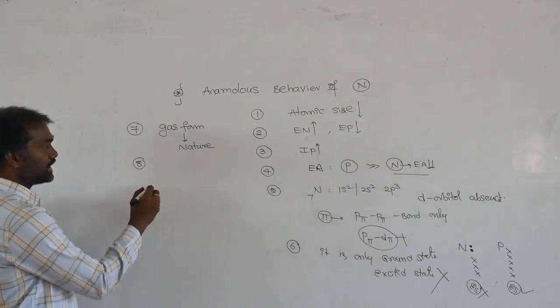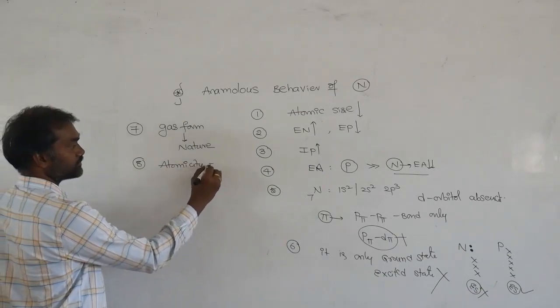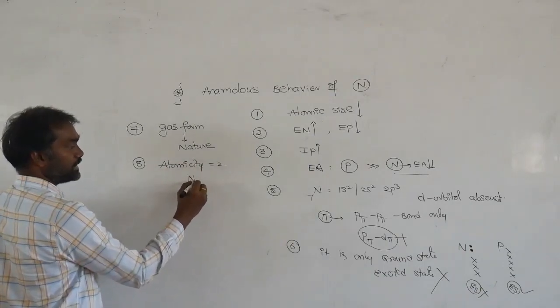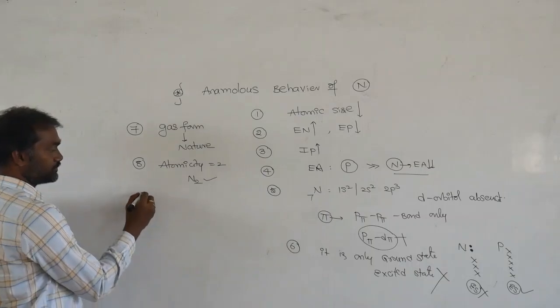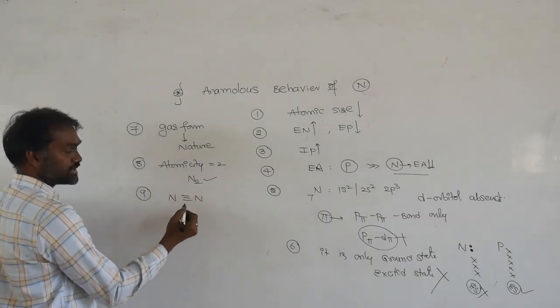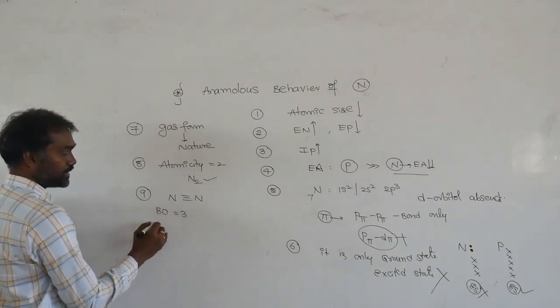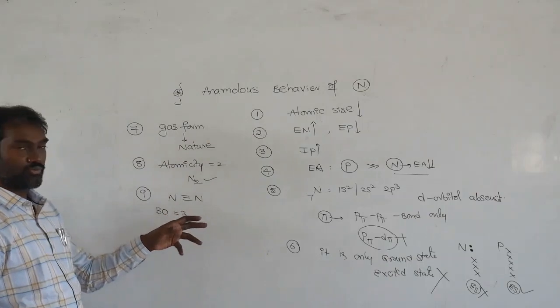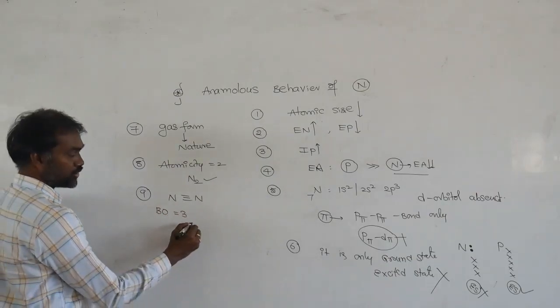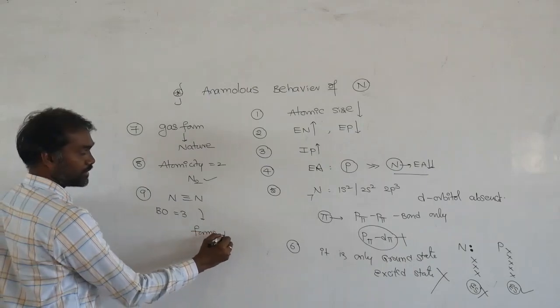Next, atomicity is 2, so only N2 is available. Between two nitrogen atoms, 3 bonds are there, so bond order equals 3. But the remaining elements do not form multiple bonds. So nitrogen only forms multiple bonds.